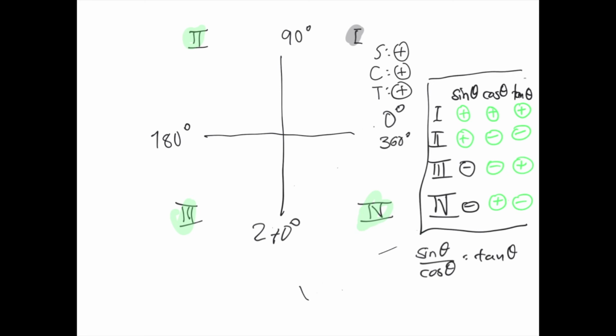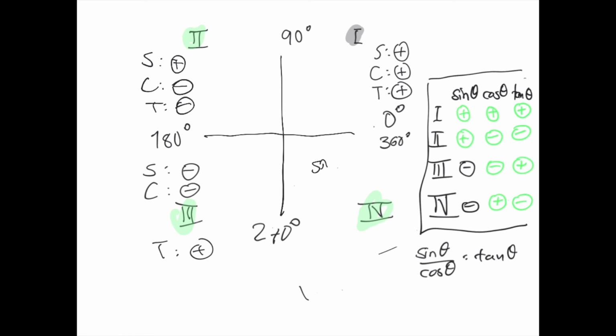Second quadrant, sine is positive, cosine is negative, tangent is negative. Third quadrant, sine is negative, cosine is negative, tangent is positive. And finally, in the fourth quadrant, sine is negative, cosine is positive, and tangent is negative.